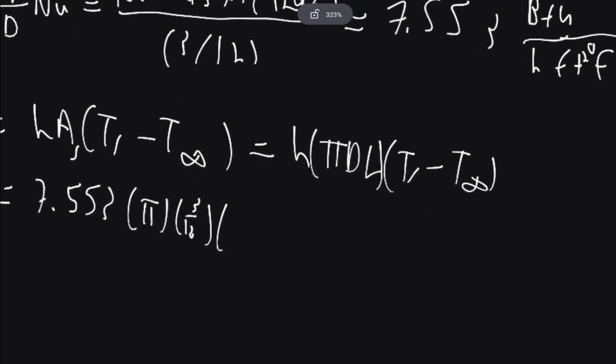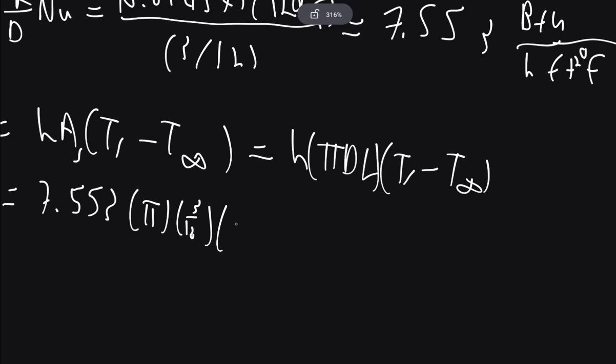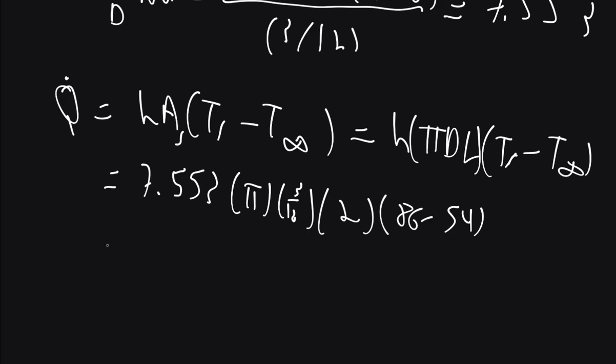That's already in feet. Phenomenal. Less unit conversions. And then Ts minus T infinity. Ts was the temperature of the skin, 86, minus the temperature of the air was 54. We type all of this into our calculator. We get 380.